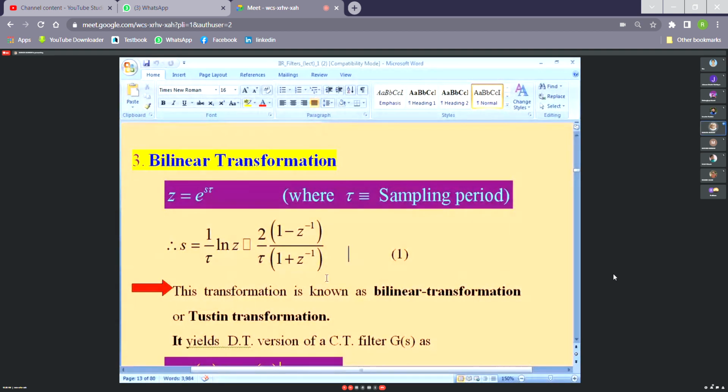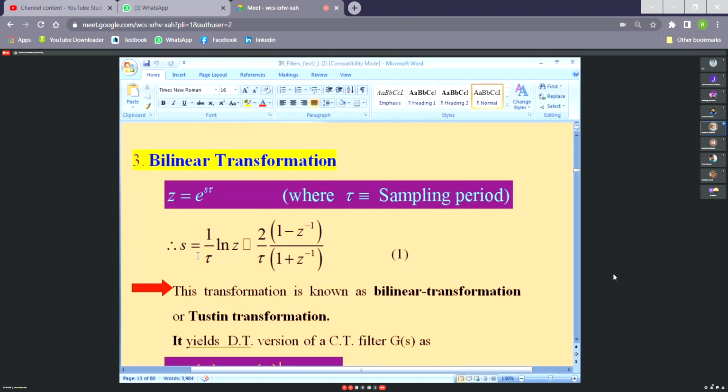So next, technique of discretization of analog filter. This is known as bilinear transformation. Just recall the exact relation between Z and S. Z is equal to e to the power S tau.